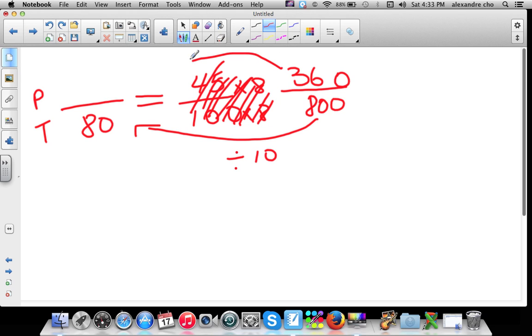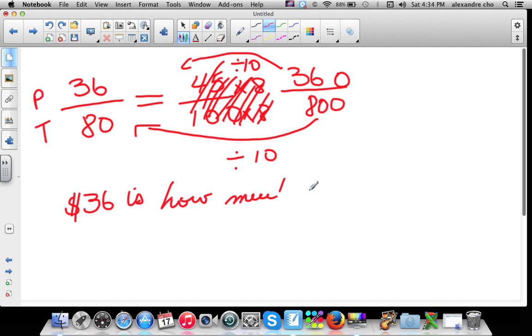And 360 to go to our mystery number should also be divided by 10. 360 divided by 10 is 36. So 36 is how much was spent.